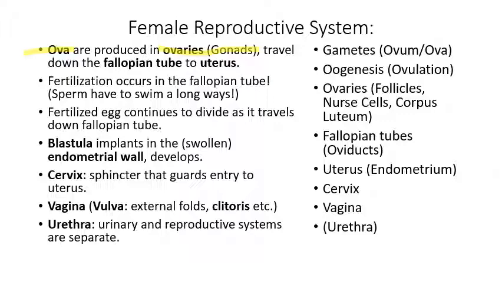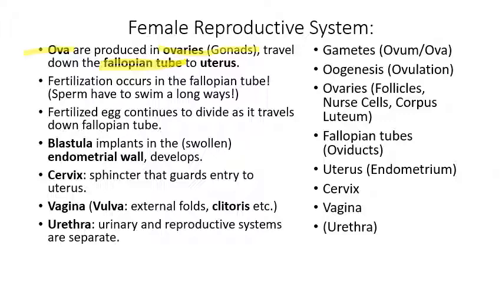Each ovary is connected to the uterus by a fallopian tube, which is also known as an oviduct. So a fallopian tube is a tube that connects the ovary to the uterus, and women have two of them. The fallopian tube is also referred to as an oviduct, sometimes.